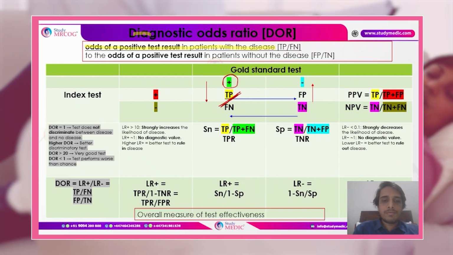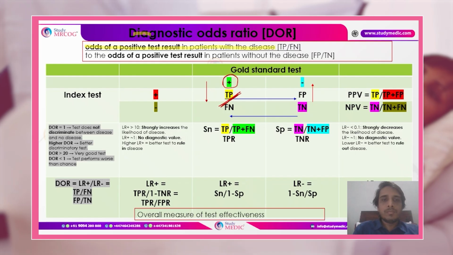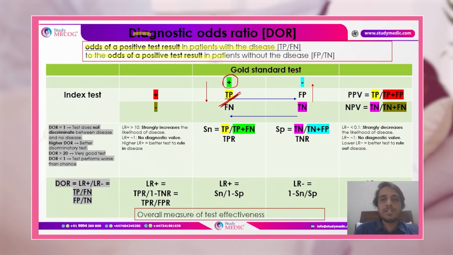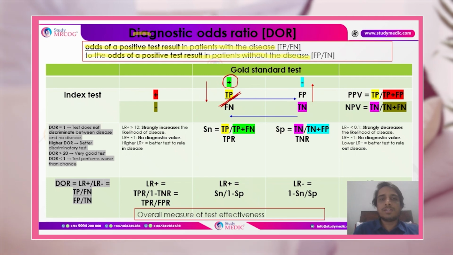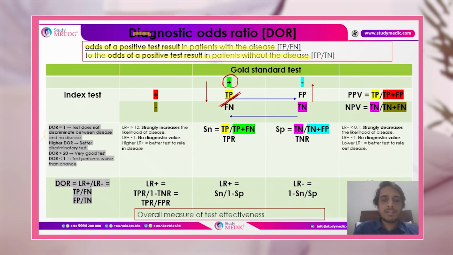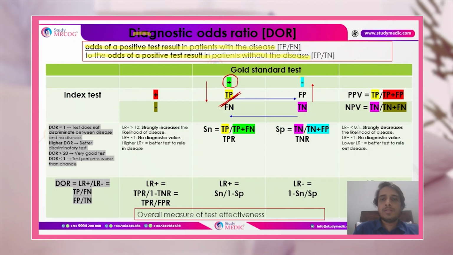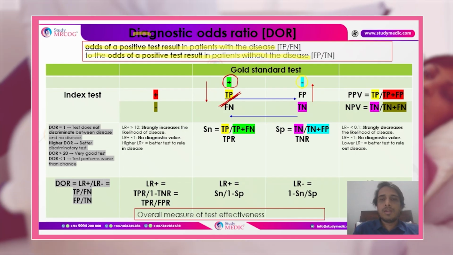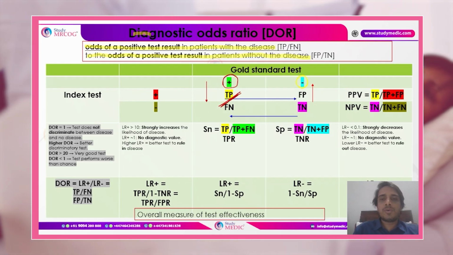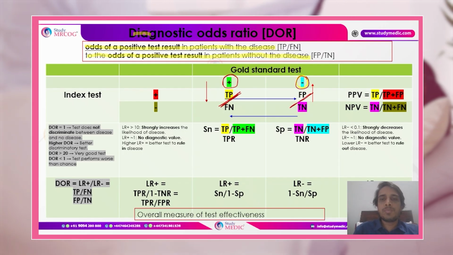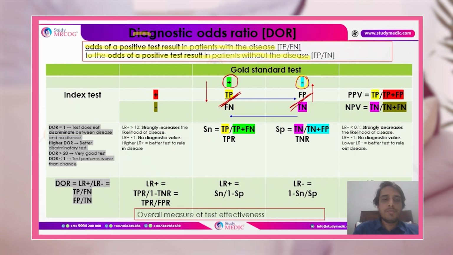the odds of a positive test result in patients without the disease. That means those who are not having the disease. These are the people not having the disease, and the odds of a positive test result in those not having the disease is false positive by true negative. So when we do that, what do we get?